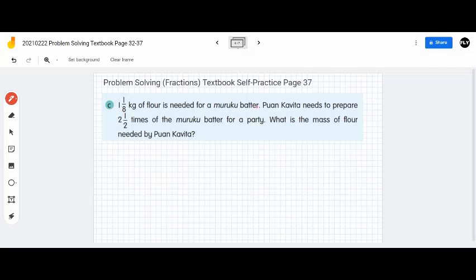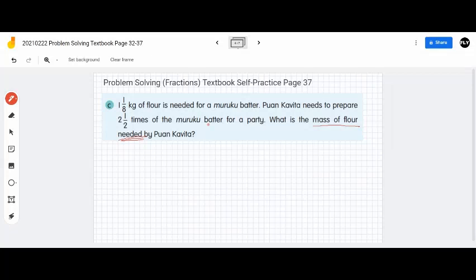The question wants the mass of the flour needed. So, needed. You might need to underline it, maybe double underline it to show the importance. You can always read more than once if you don't understand the question or if I am too fast.